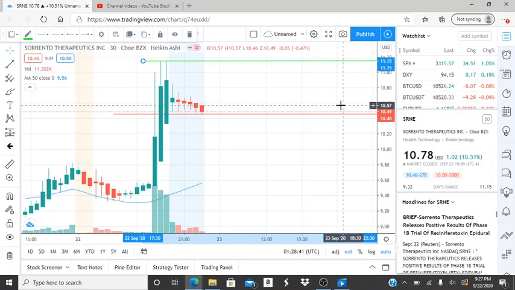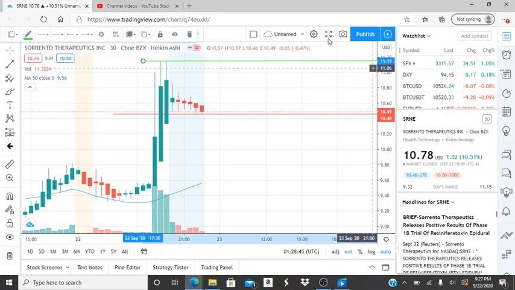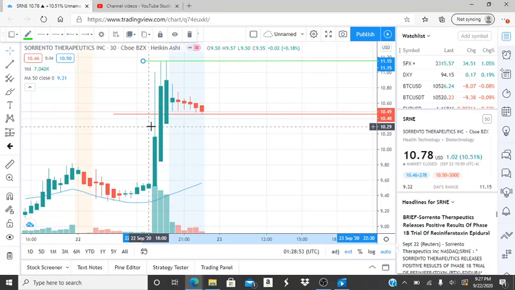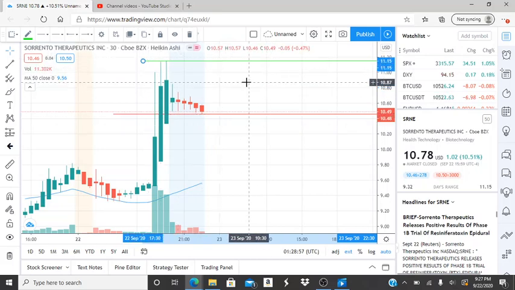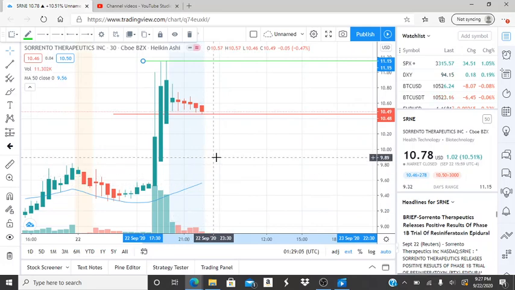But back to the whole conversation of it, 11.15 is super important, needs to be broken through by the bulls and turn into a support. That resistance level needs to be broken through so that this can continue. If this does not get broken through, the bulls will not be able to break through newer highs, and then they're going to actually have the 50-day moving average start to catch up to them.